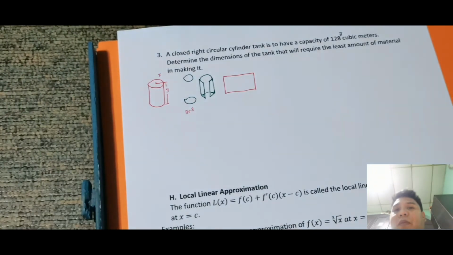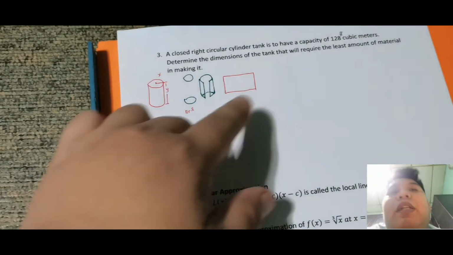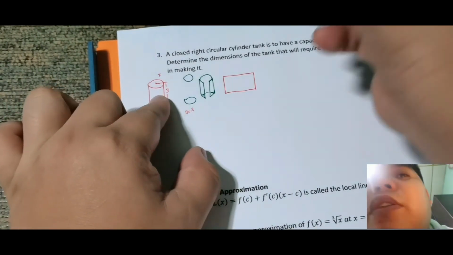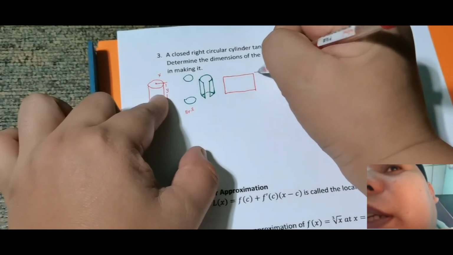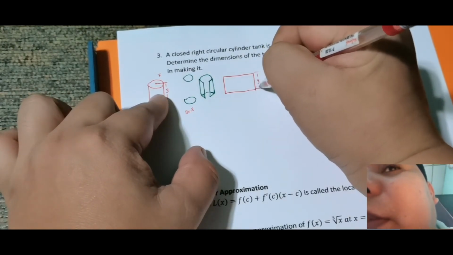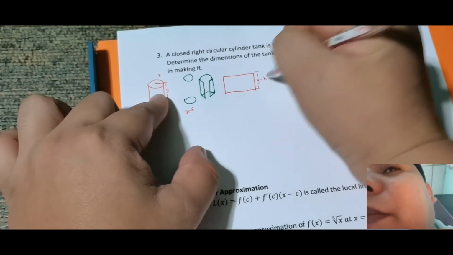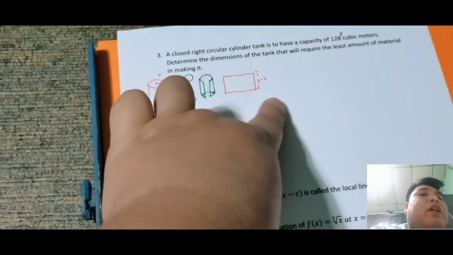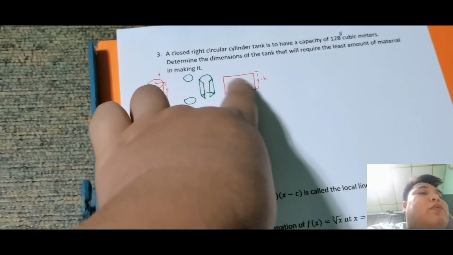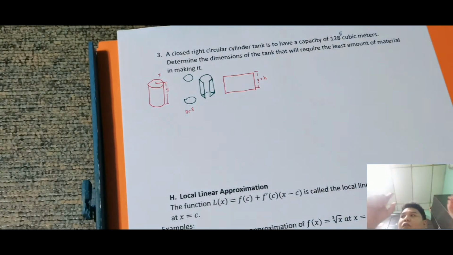Ano yung mga value nitong mga to? Obviously, galing pa rin dito. Magiging value nito is si y pa rin, o yung height niya. Ngayon, ito yung problema. Kung napansin mo yung palibot ng lata, wala kasi akong perfect na pang example dito.